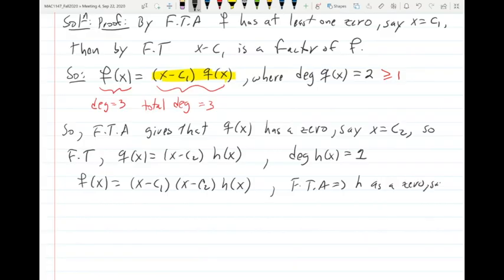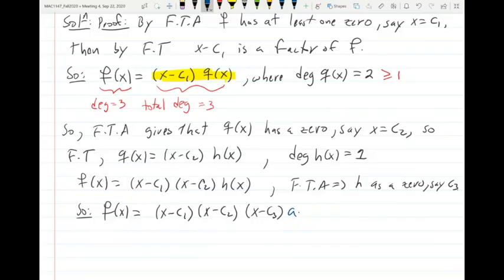say c3. So f of x can be written as x minus c1, x minus c2, and then h would be x minus c3 times something, but that something is just a number, because h had degree 1, so this is just a coefficient, which is degree 0, okay?